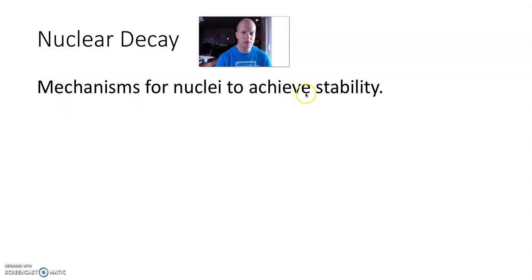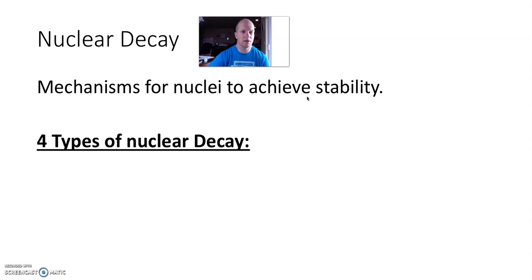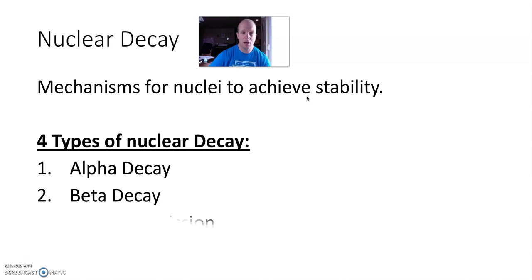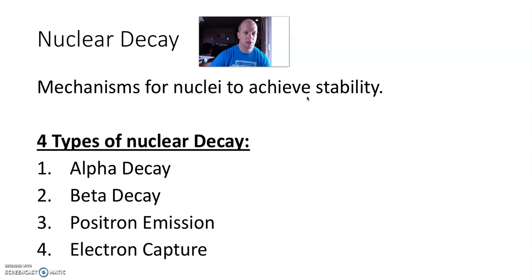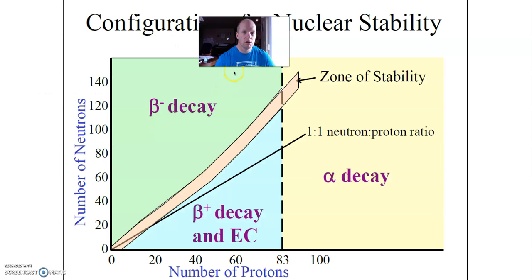There are mechanisms to achieve stability, and those 4 mechanisms are alpha decay, beta decay, positron emission, and electron capture. Those all sound pretty cool to me, I don't know about you. We're going to cover all 4 of these real quickly, and then we'll look at some other things.